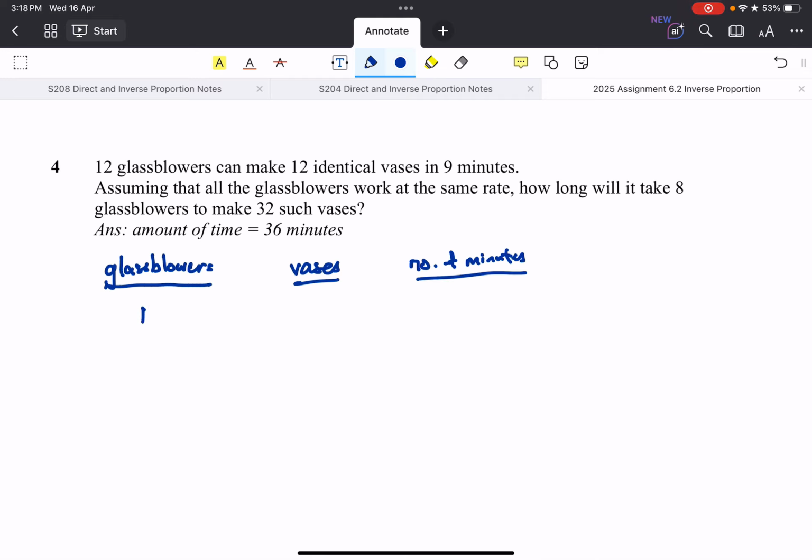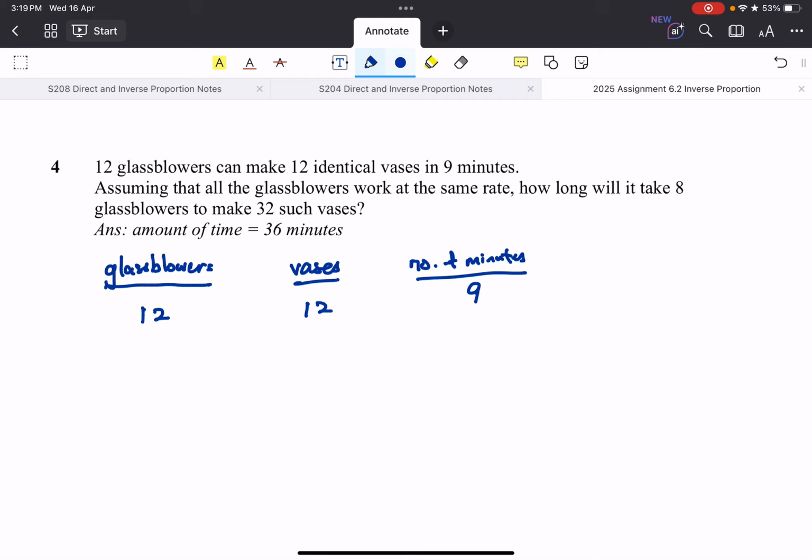The information we have is 12 makes 12 in 9. The glass blowers and the vases theoretically should be directly proportional.